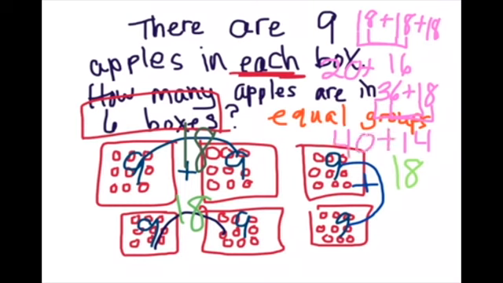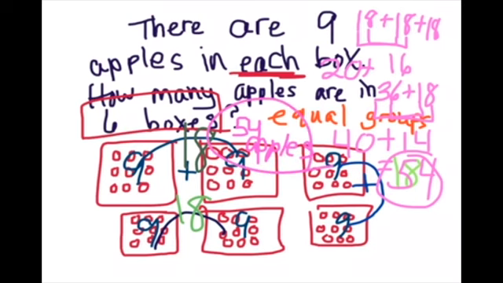So we have 40 plus 14. We know that is 54. So when I read my question, there are 9 apples in each box. How many apples are in 6 boxes? The answer is 54 apples. That is our final answer.